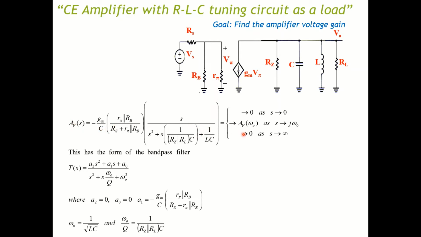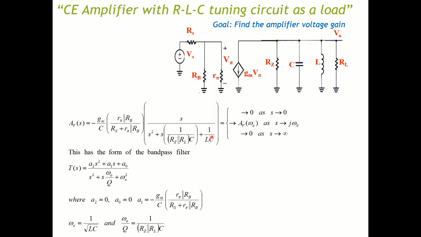If s goes to infinity, okay, these two terms will be super large. That makes the denominator very large. Therefore, this big term goes to 0 also. So for a very small frequency, this transfer function goes to 0. For a very large frequency, this transfer function goes to 0. Therefore, you can expect that probably in the middle there's a resonant frequency. I will call that resonant frequency omega naught. Okay, and the maximum gain is probably at the resonant frequency.